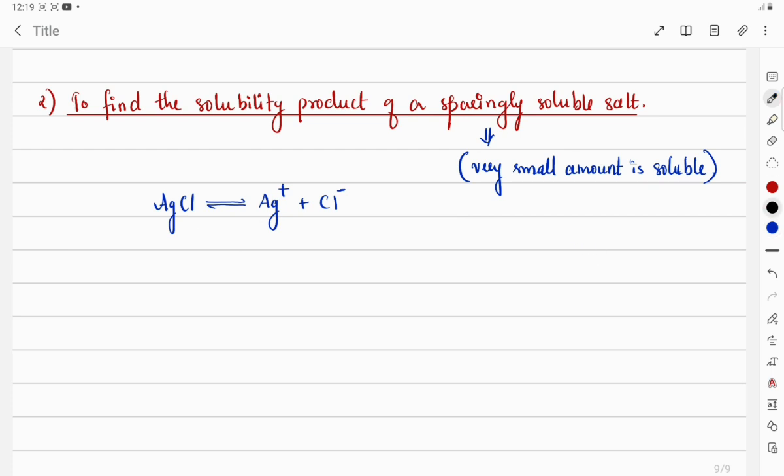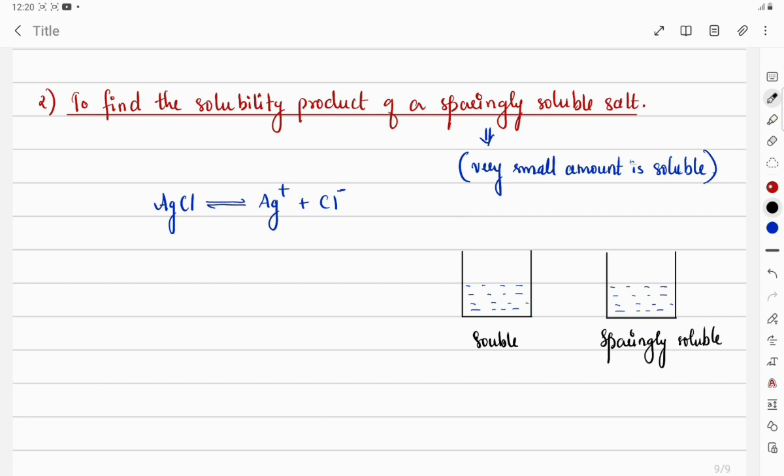So if you consider a small beaker where we have taken some water and added some AgCl, let's differentiate between a soluble and a sparingly soluble salt. If I add a salt like sodium chloride into some water taken in a beaker, all the ions will actually go into the solution.